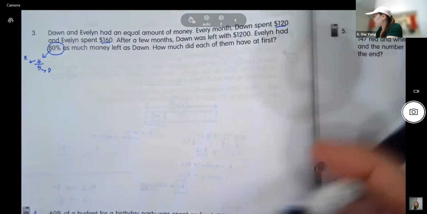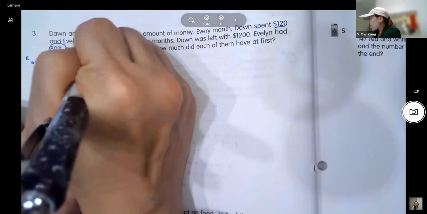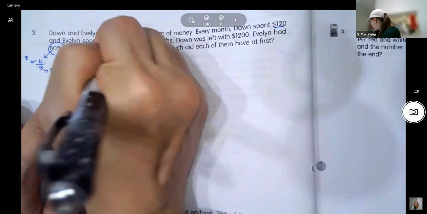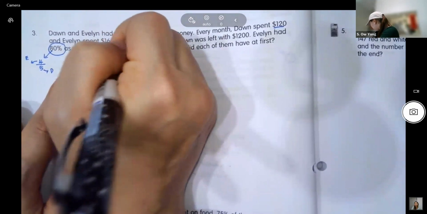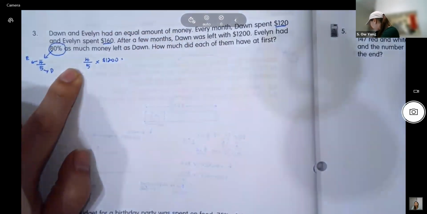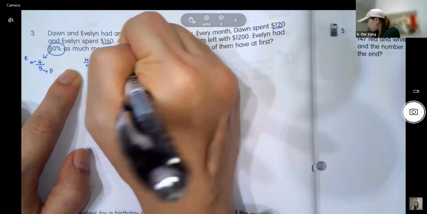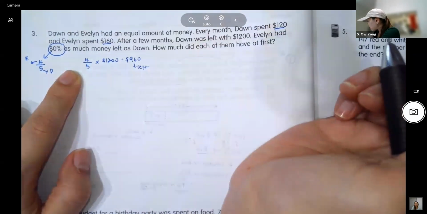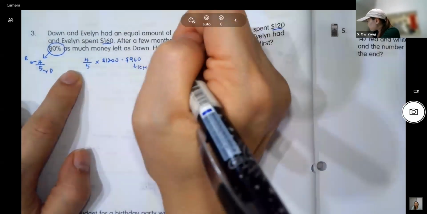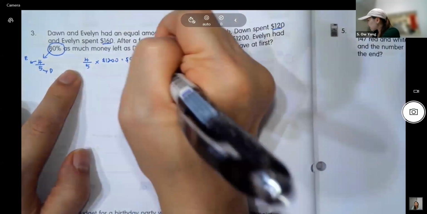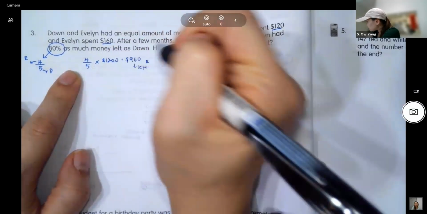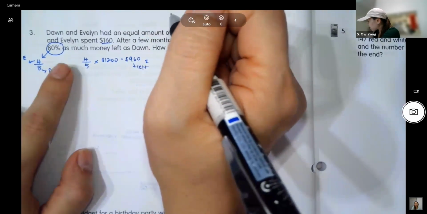So actually from this step, at least you can see what is 4/5 of 1,200? You will get $960. This is what is left by Evelyn. This $1,200 is left by Dawn.